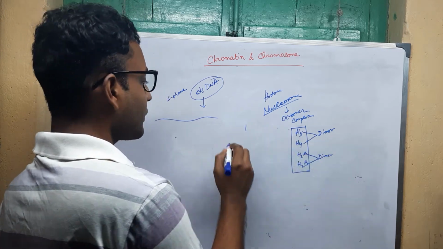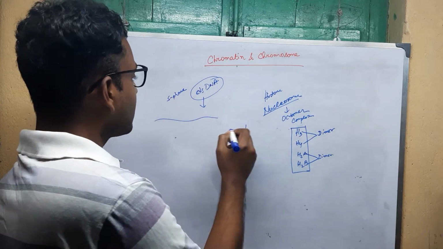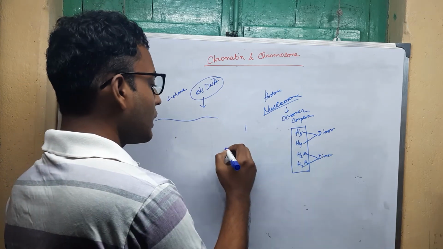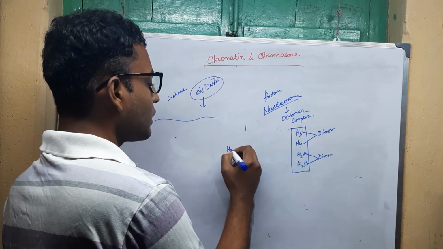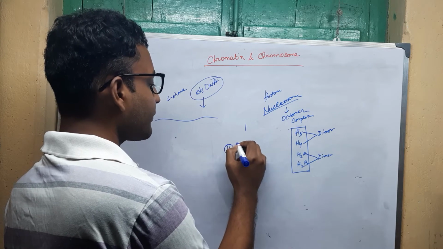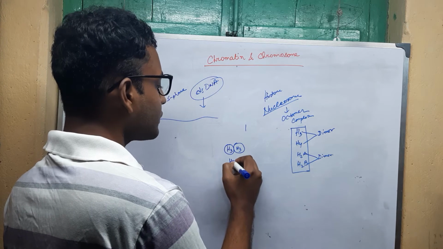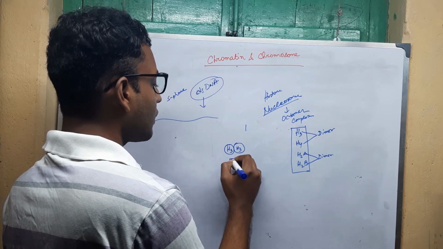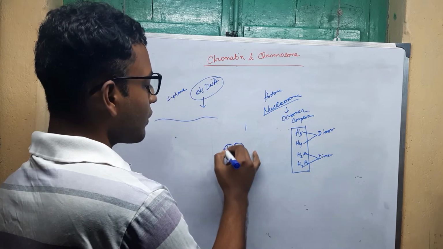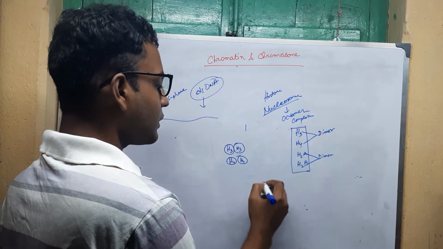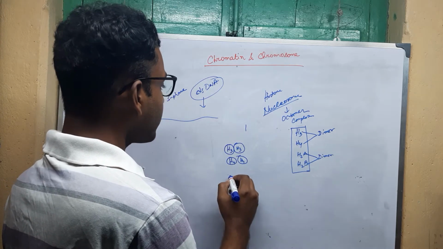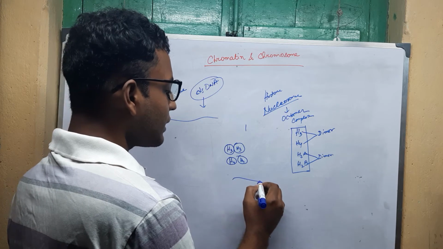At first, after the synthesis of this double stranded DNA, H3 forms a dimer and H4 also forms a dimer. Now this complex gets deposited onto the double stranded DNA.